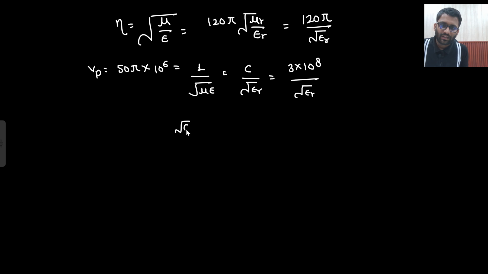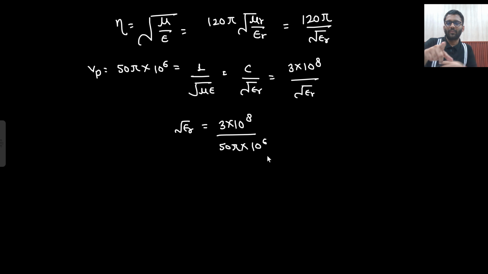So under root epsilon r is equal to what? 3 into 10 to the power 8 divided by 50 pi into 10 to the power 6. Is that correct? Which is your c upon under root epsilon r. So this would be 6 by pi.